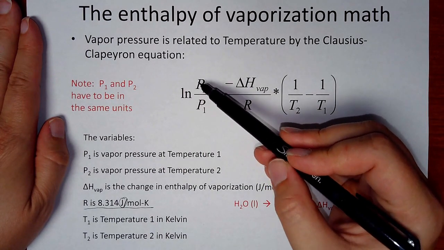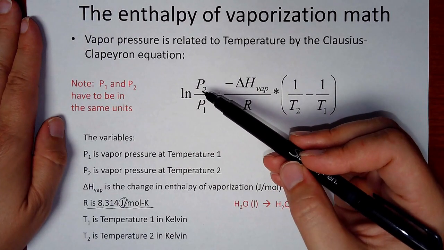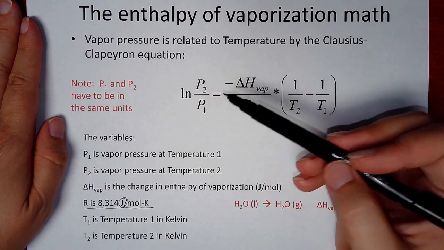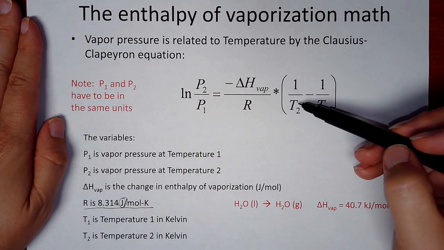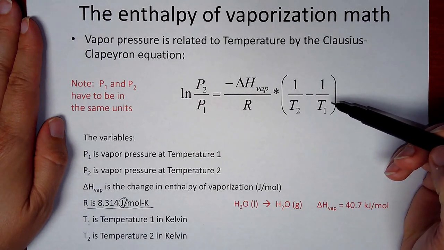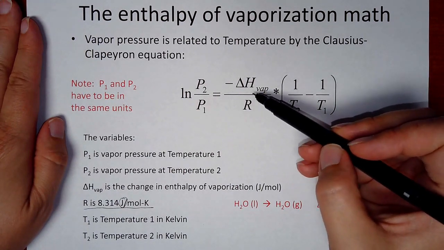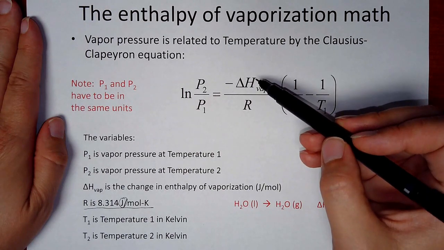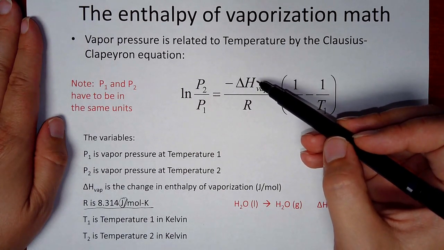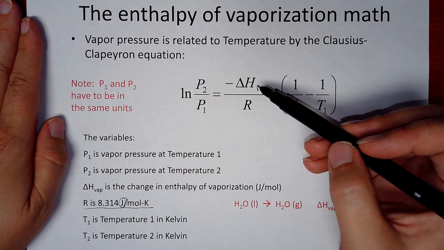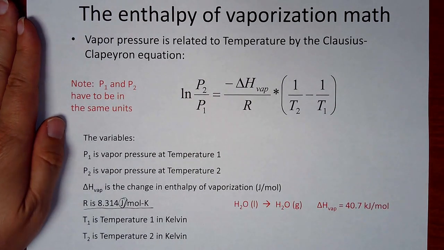So atmospheres, millimeters of mercury, torr, doesn't matter. The units of temperature must be in Kelvin. So if we have Celsius, we have to convert. And then our units of R must match our units for our delta H in terms of joules or kilojoules. So we're going to do an example with this equation.